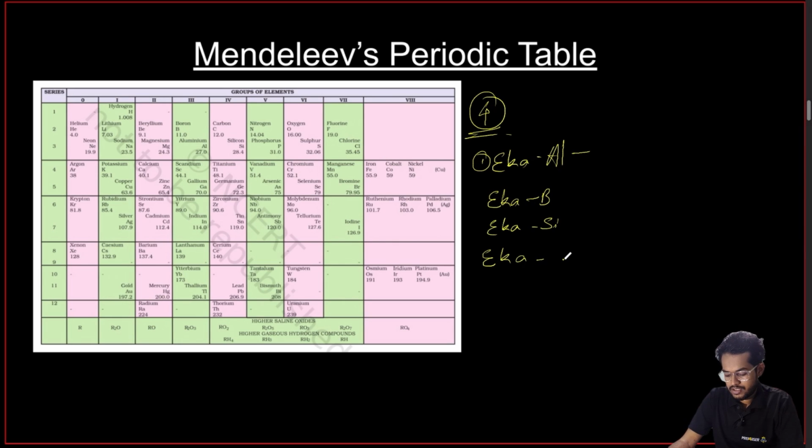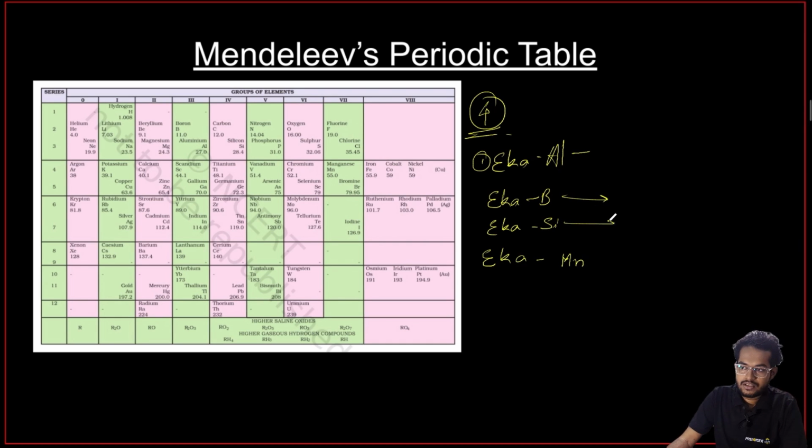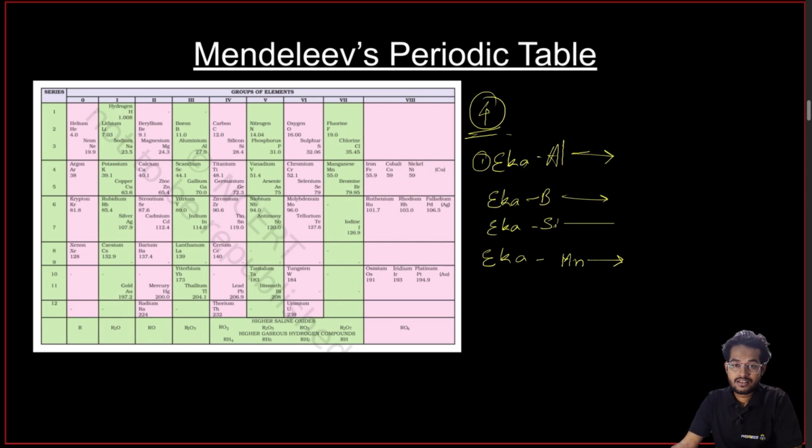Fourth one is Eka manganese. He kept these four places empty, expecting that these elements might get discovered in the future, and they did. So this makes Mendeleev the first person to make a proper periodic table.